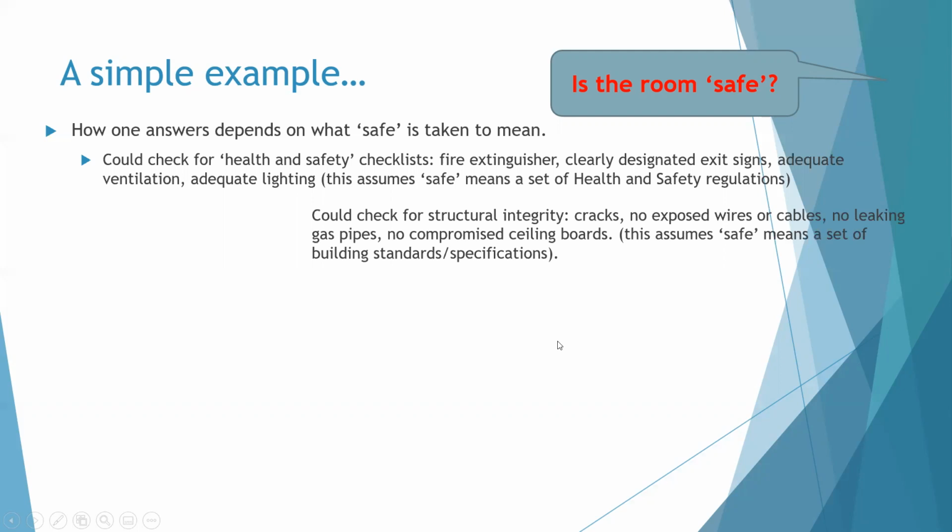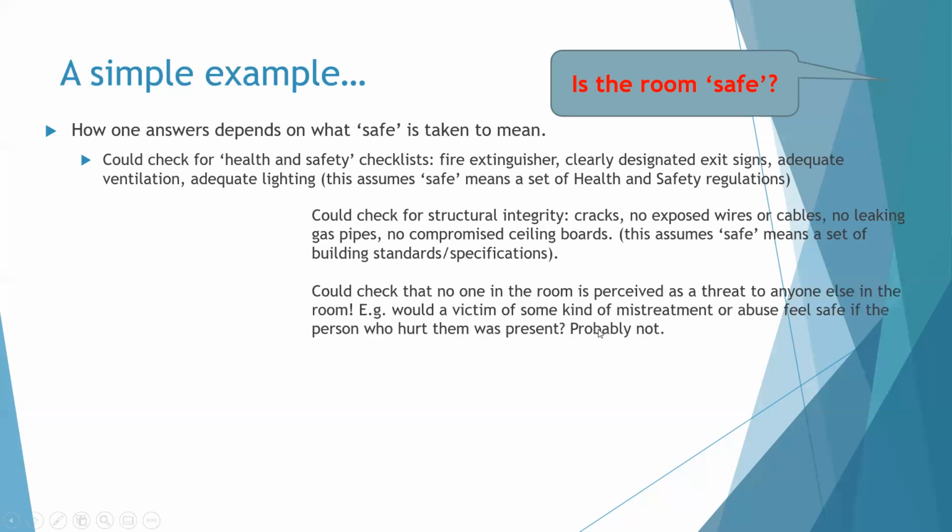Perhaps safety means that it poses you no physical imminent threat, that it's structurally sound, it's not going to crack, you're not going to get electrocuted by exposed wires, there are no gas pipes leaking and putting gas in the room that you're breathing without knowing, the ceiling's not going to fall on your head. So in this case, safe means a set of perhaps building standards, or at least some kind of a description that the room is not going to pose some imminent physical danger to its occupants.